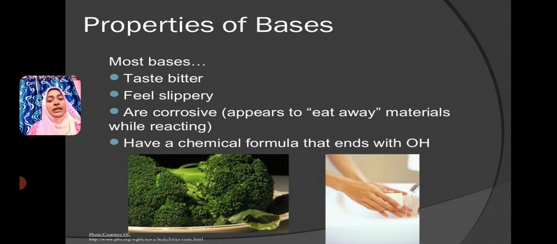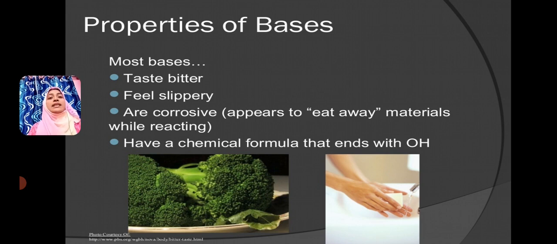Next, they are corrosive as well. If you see in your laboratories, there might be strong bases kept, like sodium hydroxide. These are all strong bases. If you just touch it, it will burn your skin or you will start itching suddenly.